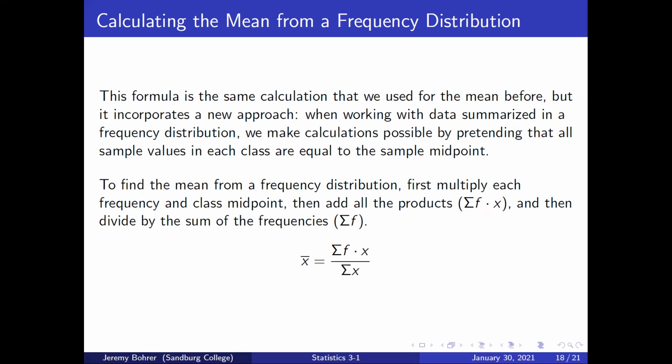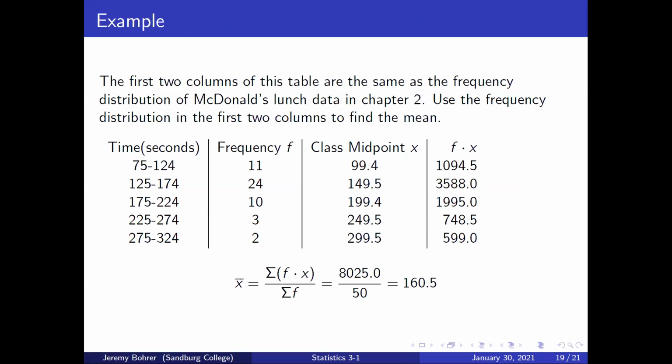To find the mean from a frequency distribution, first multiply each frequency and class midpoint, then add all of the products, sigma of f times x, and then divide by the sum of the frequencies, sigma of f. So x bar equals sigma f times x over sigma f.